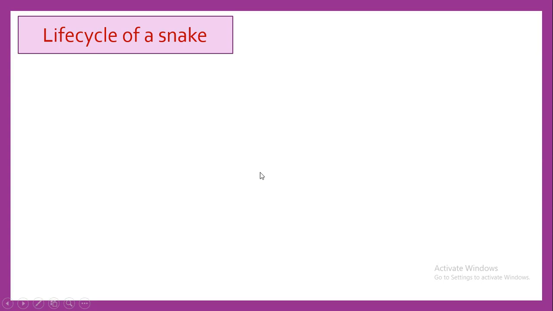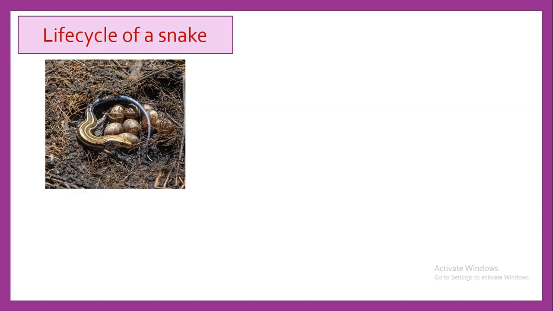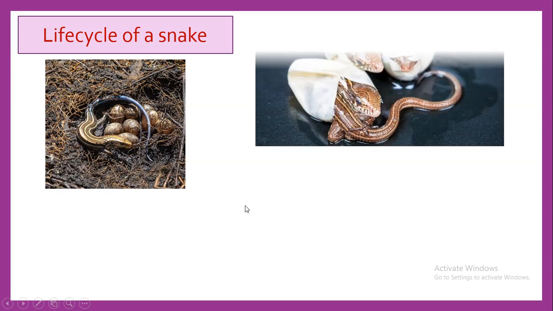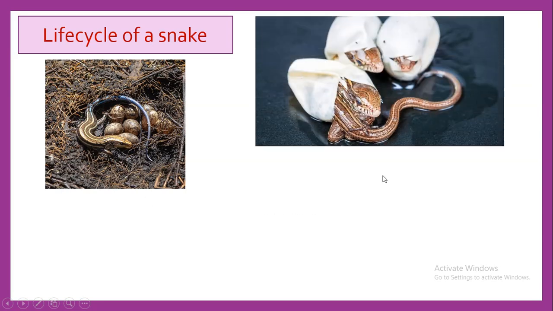Now, life cycle of a snake. As you know, a snake is a reptile. They lay eggs. A female adult snake lays eggs on the ground, as you can see. Hatching baby snakes. These are baby snakes. They are hatching from these eggs.